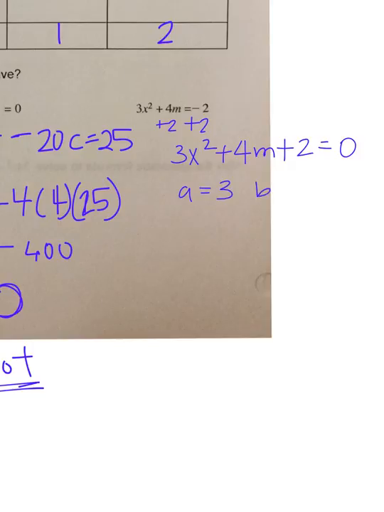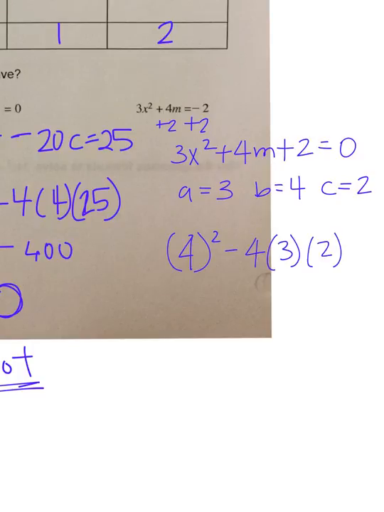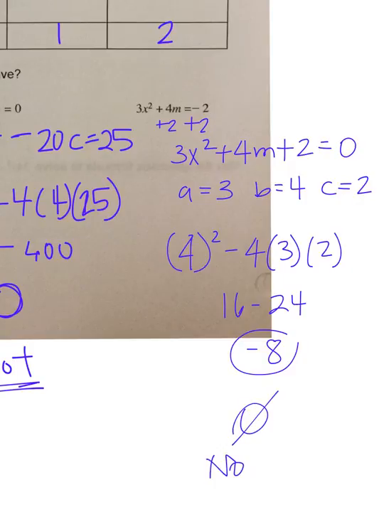A is 3, b is 4, c is 2. So that gives me 4 squared minus 4 times 3 times 2, 16 minus 24. That gives me a negative 8, which means that if I have a negative, there will be no roots in that one. Get to work.